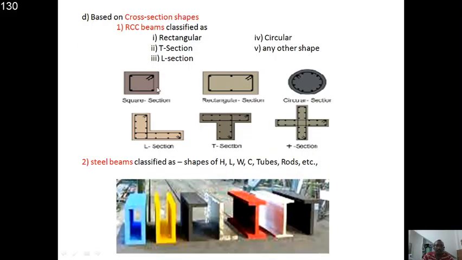These RCC sections are shown again for your convenience. This one is a square section, a rectangular section, a circular section, right? L section, T section and plus sections. Like that you can manufacture any shape for RCC structures according to your requirement.